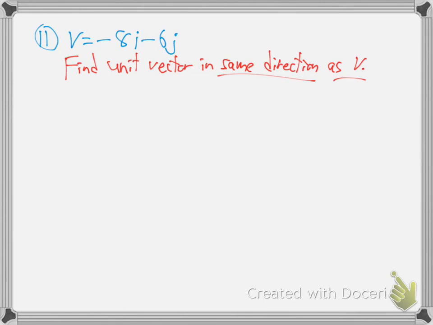Let me draw this out. Not required, but I think I want to really sink it in your mind what we're even talking about here. So this vector is back 8, down 6. So it's back and down. It's third quadrant, huh? So I'm going to go from the origin, back 8, down 6.